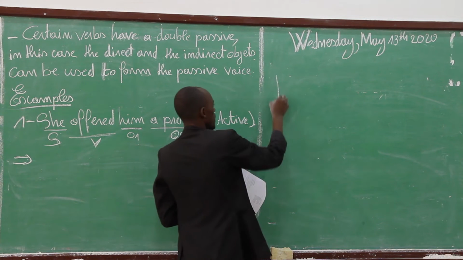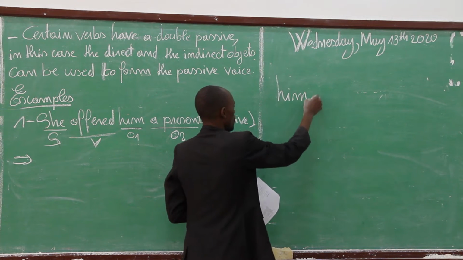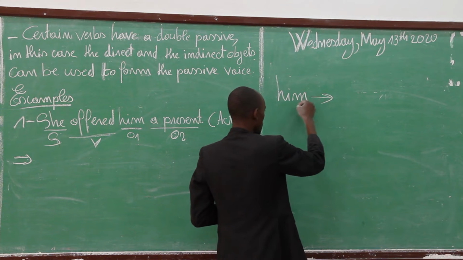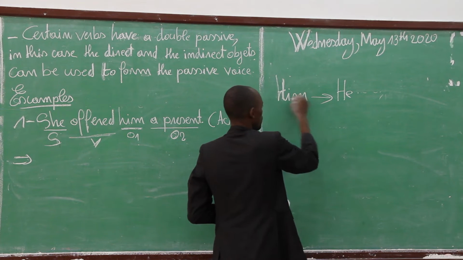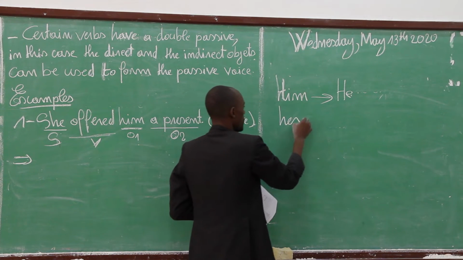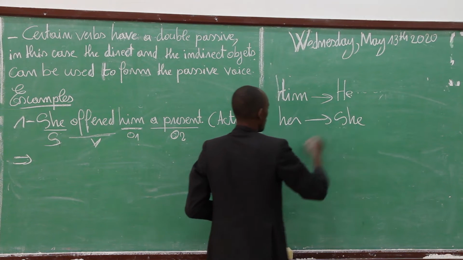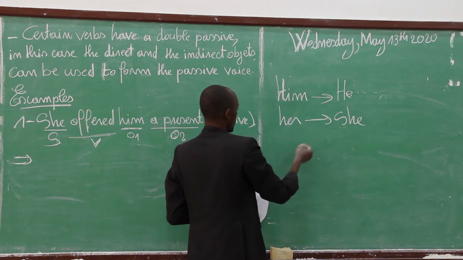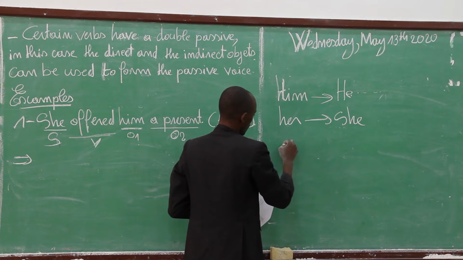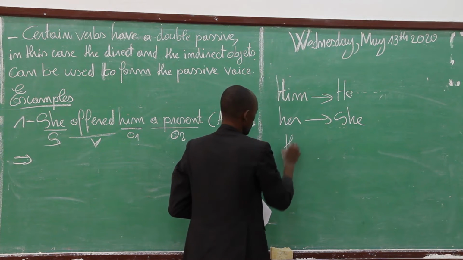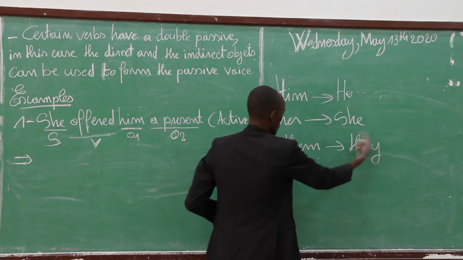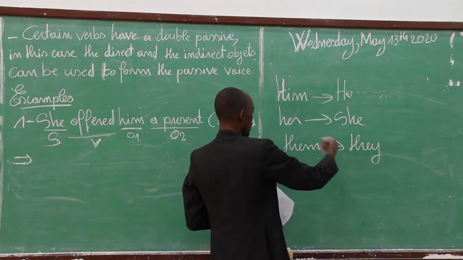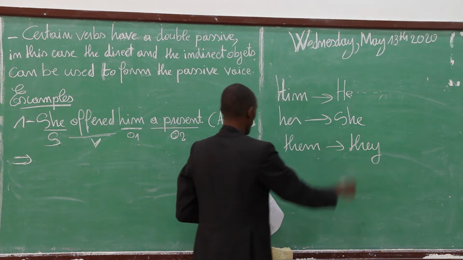In passive voice, him becomes he. We have him become he, her become she. We can also say them, they. Or vice versa: they become them, or she becomes her, or he becomes him. Good.